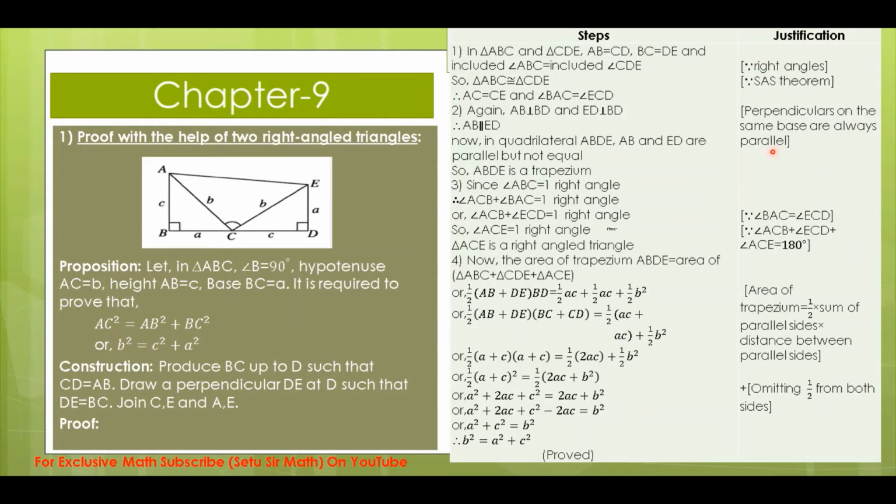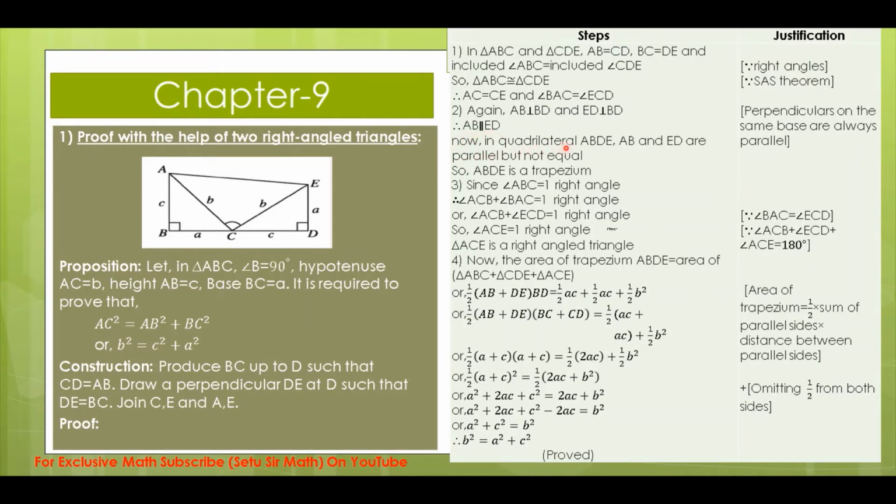This is the new thing, you have to remember this. This is the formula also. Perpendiculars on the same base are always parallel because BD is the same base and AB and ED are perpendicular. So therefore AB parallel ED.